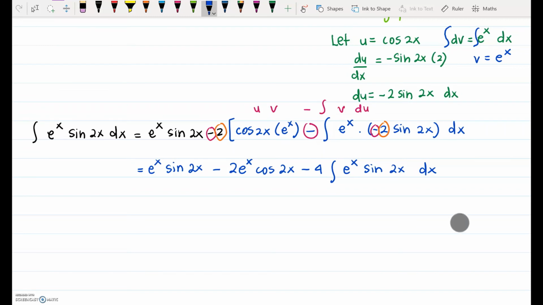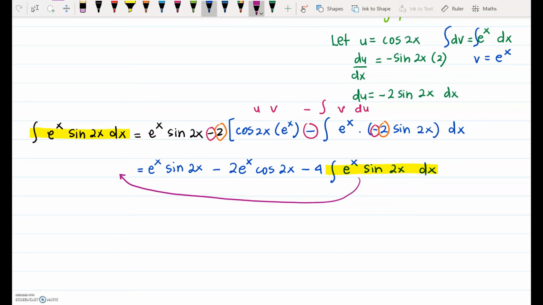Can you see we have similar terms on your left hand side and on your right hand side? On the left hand side we have the integration of e^x sine 2x dx, and on the right hand side we also have the integration of e^x sine 2x dx. So we will collect the similar terms on the left hand side.